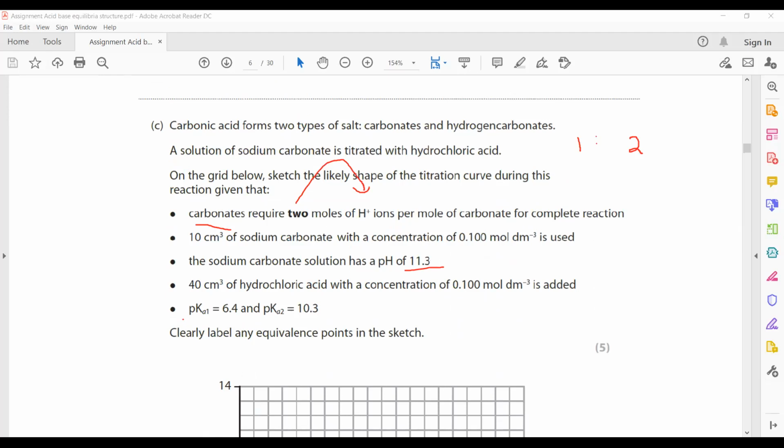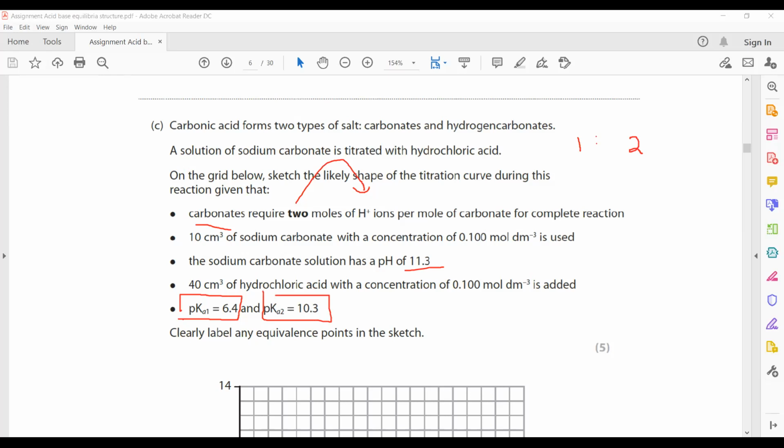So first we should start with this. pKa1 is given as 6.4 and pKa2 is given as 10.3. The reaction is between a weak base and a strong acid. Why?